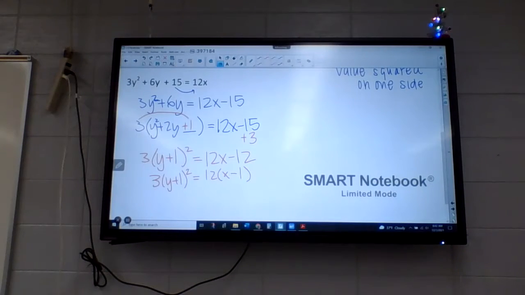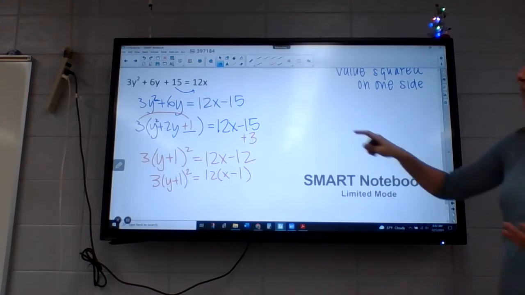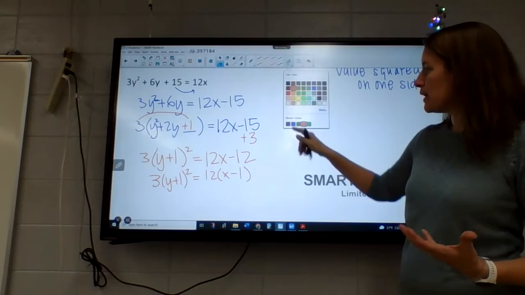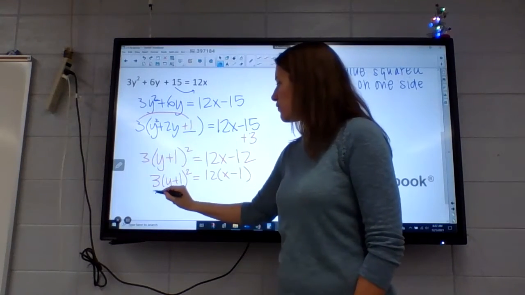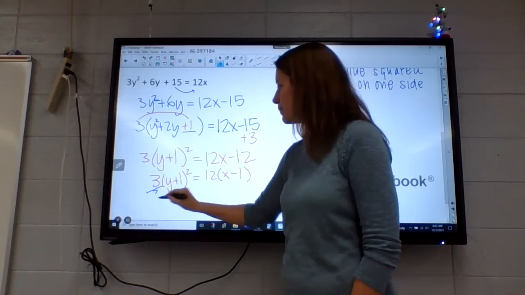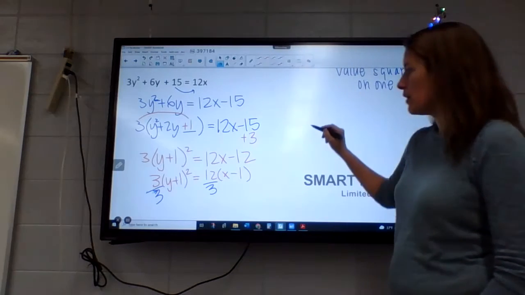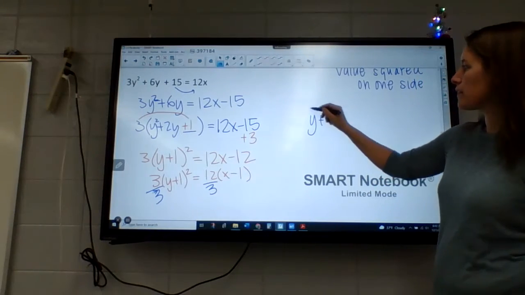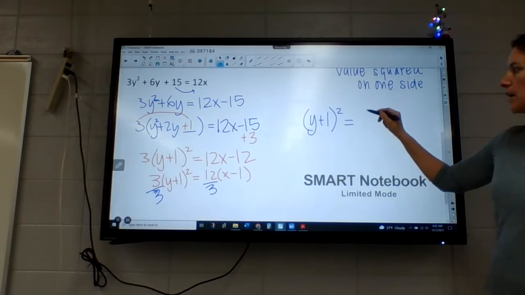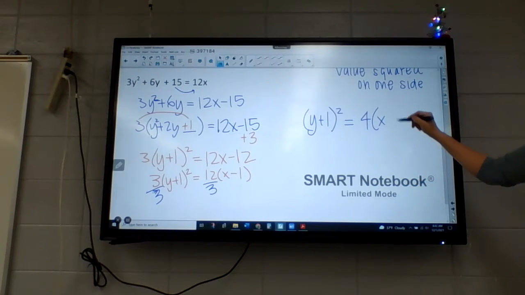We only want that coefficient in front of the other one. So what we're going to do is divide each side by 3 to move this over. So it's going to be y plus 1, the quantity squared, equals 4x minus 1.